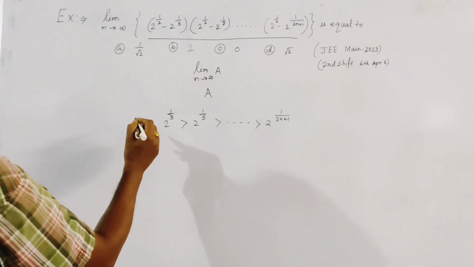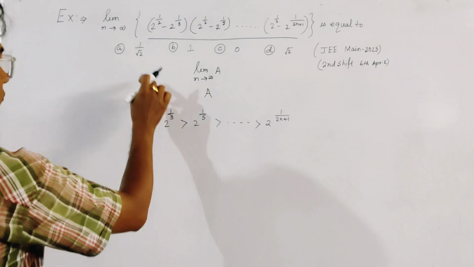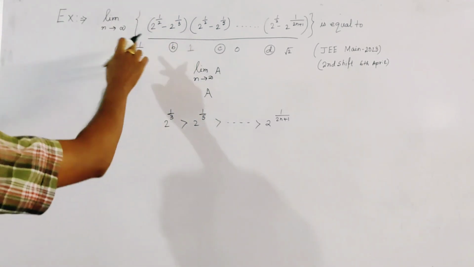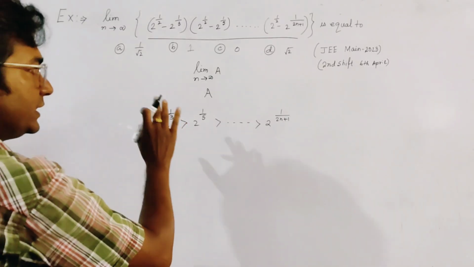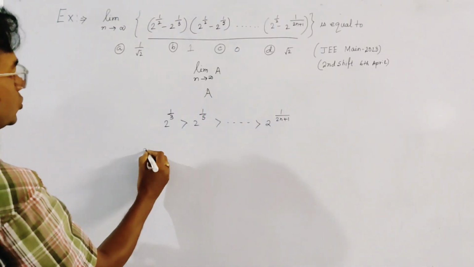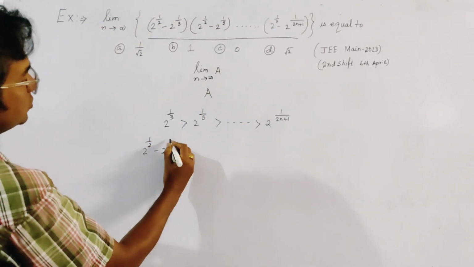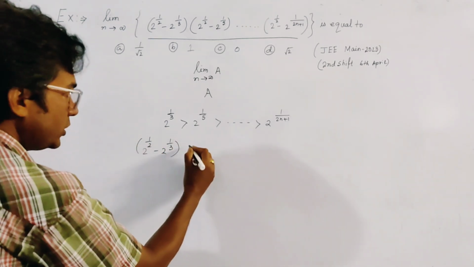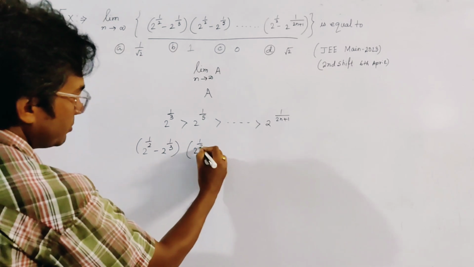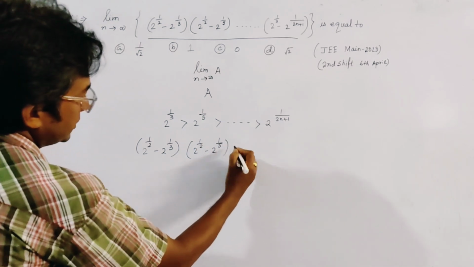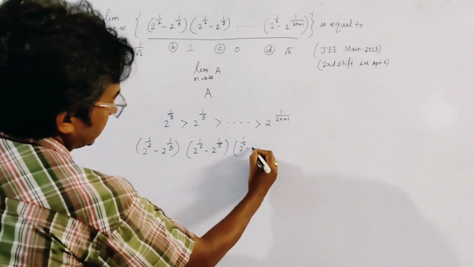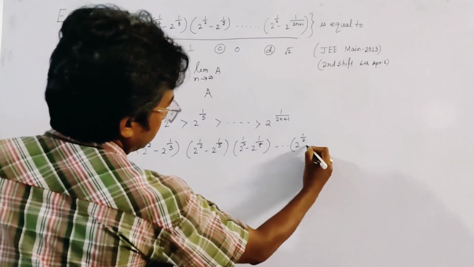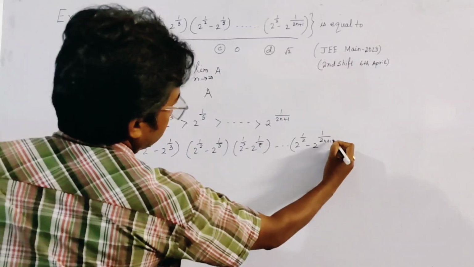Now if we subtract 2^(1/3), 2^(1/5) and so on from 2^(1/2), then it is clear that 2^(1/2) − 2^(1/3) is the least element among all the elements 2^(1/2) − 2^(1/5), 2^(1/2) − 2^(1/7), up to 2^(1/2) − 2^(1/(2n+1)).